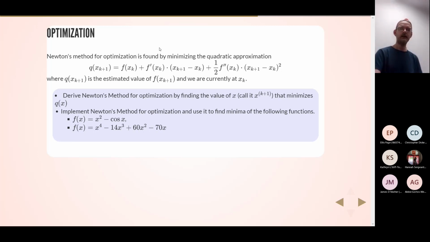At the moment we're at x_k, so our estimate for what the value of the function will change to will be the value of the function where we are, plus the derivative at where we are times however far we move. That's what we had before, and then we add in the second order term: the second derivative and the square of the distance that we move.